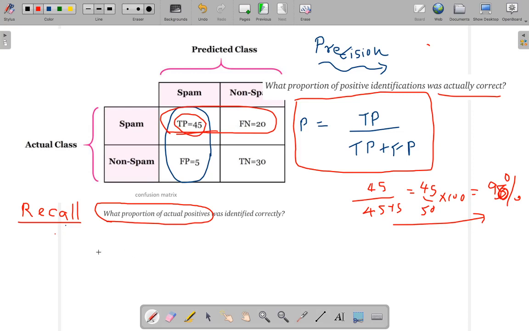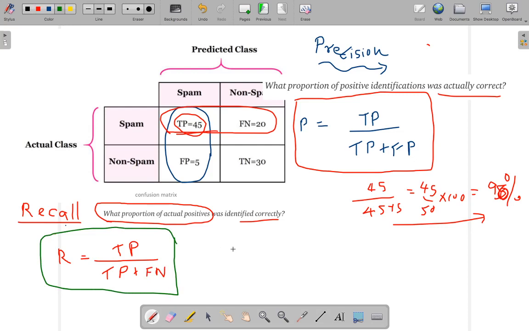To do that, we have to write our equation. Identified correctly would be TP, true positive, and the actual positives are the true positives and the false negatives. That is the equation for recall.